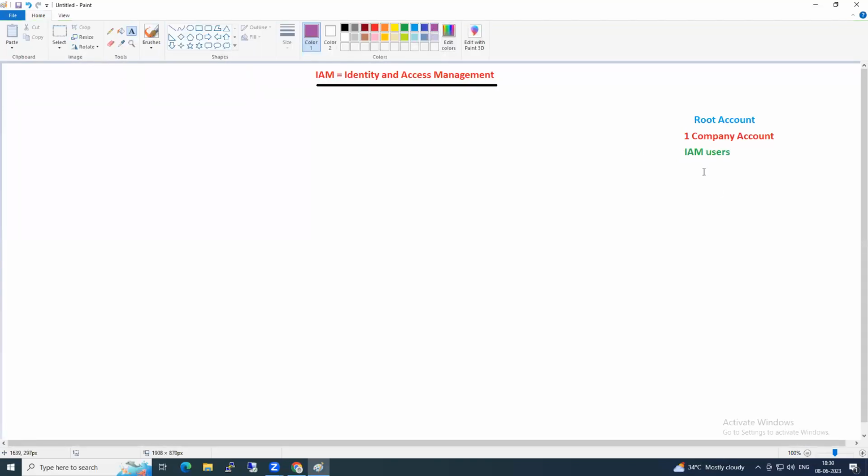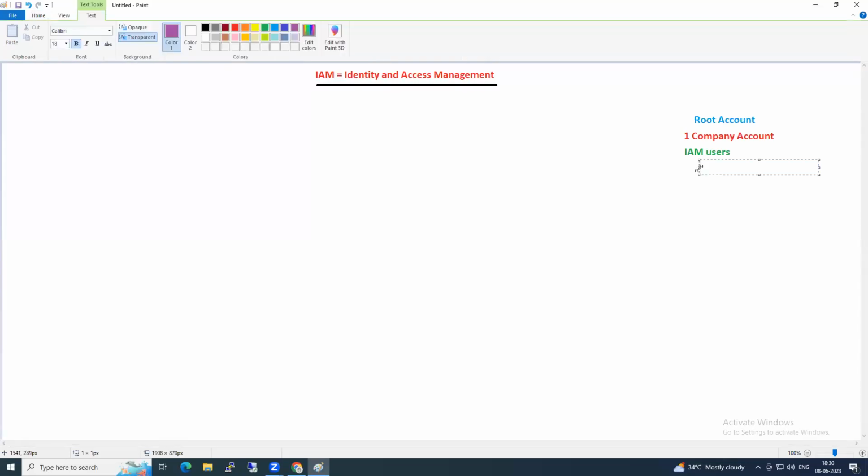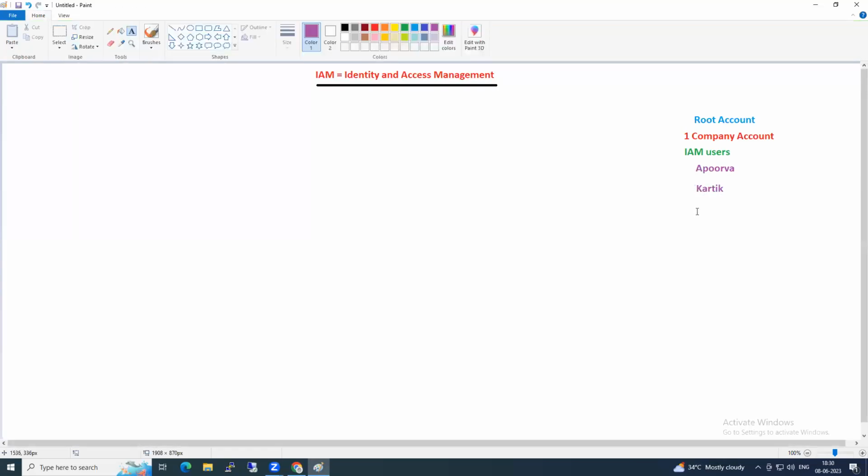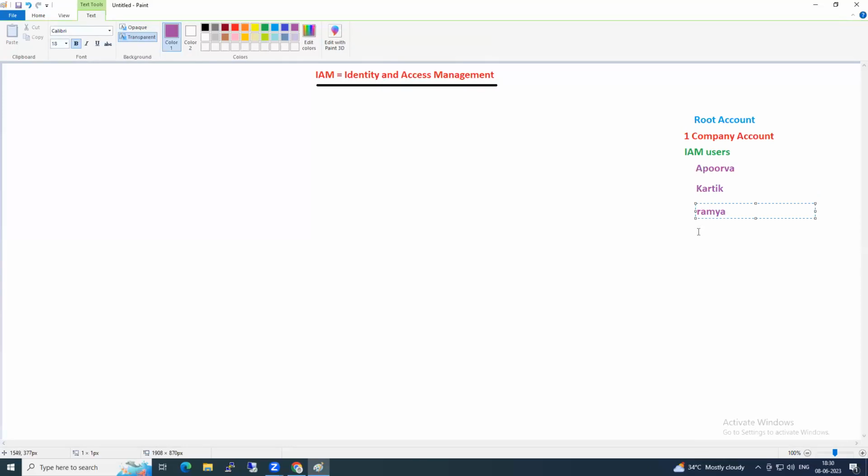So who are all these IAM users? Employees, right? They will be joining my team. For example, I need a few names. Give me some names. Apurva, Karthik, Ramya, Shashi, Damodar.